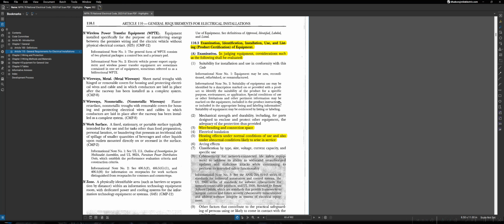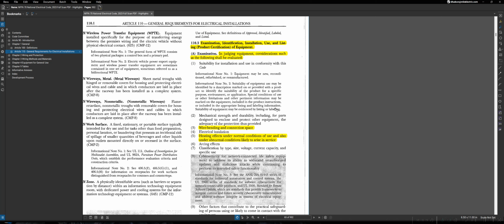Now, in looking at that, one of the big things to look at is the evaluation of what type of equipment you should use in general. The NEC gives guidelines for this in 110.3(A), we can see here. It lists a variety of things that you should, in general, look at when you're trying to determine what type of equipment you should use for a given installation.